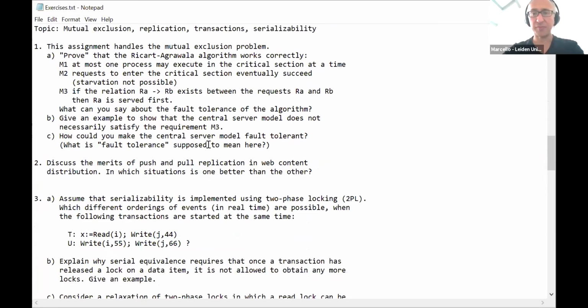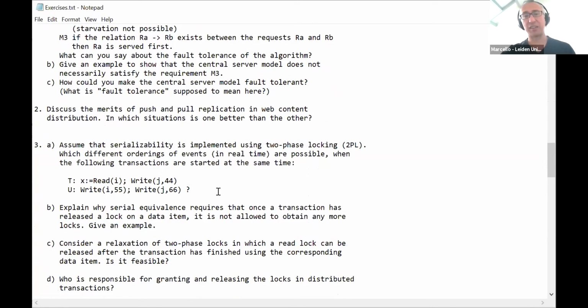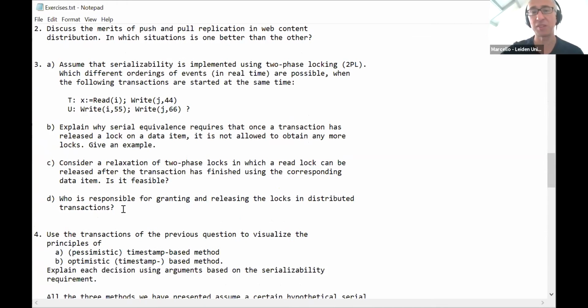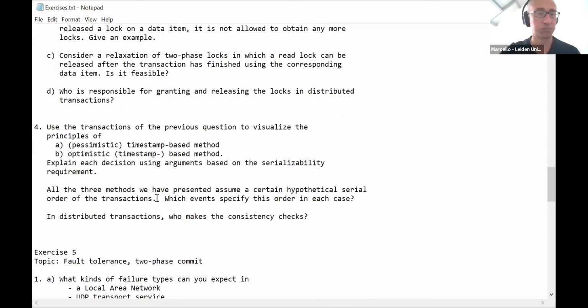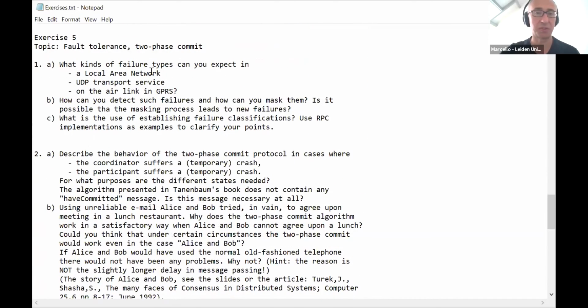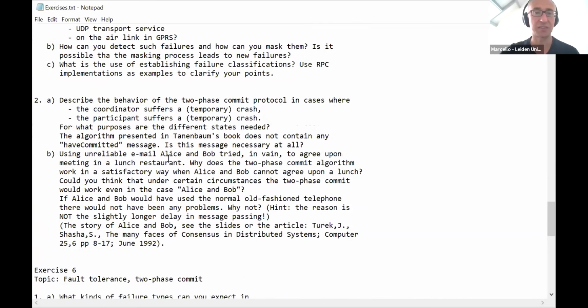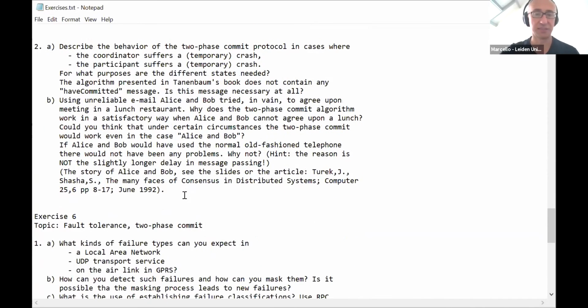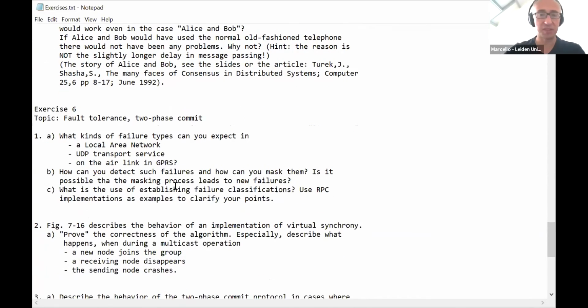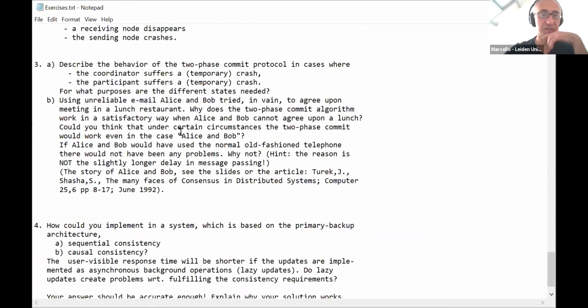And okay, here there are basically not too complicated questions, but they are good for realizing if the students are on track with the study. And then okay, we have the fault tolerance exercises, and some other algorithms on phase commit, 2-phase commit, and let me see what else.